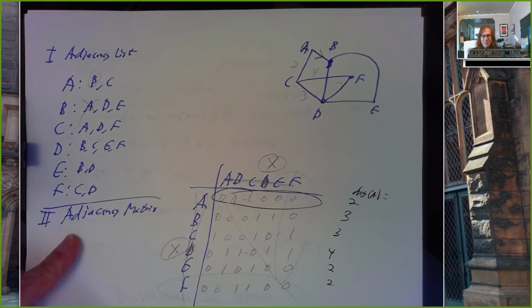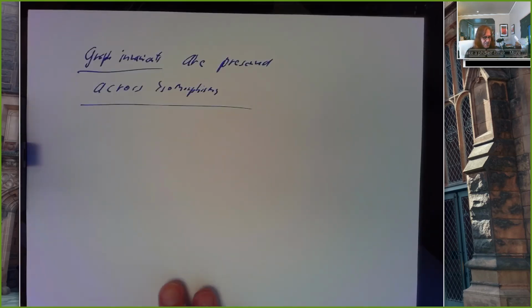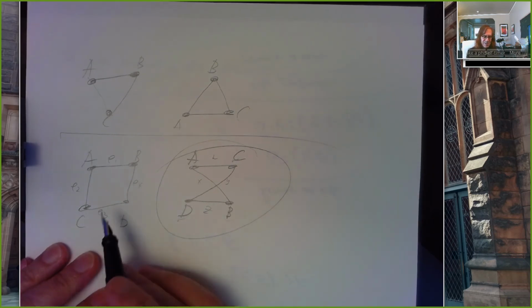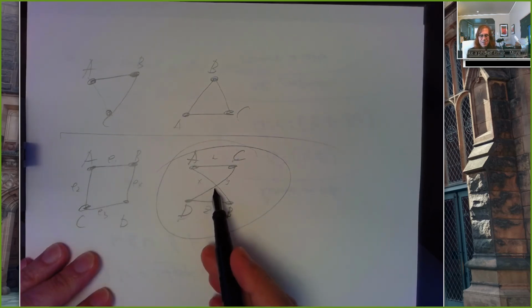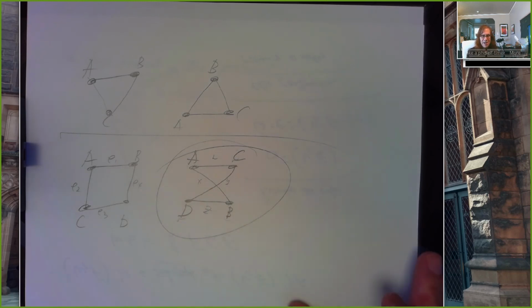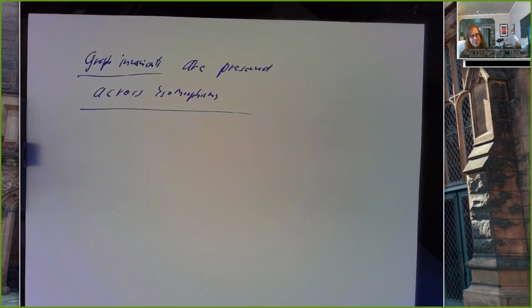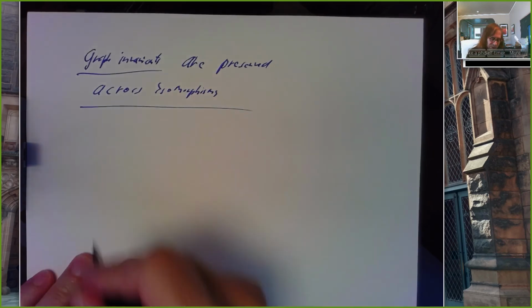We can have two graphs that are isomorphic, and in one of them we might have edges crossing each other, and in the other one we don't. And we can't simply say, oh, no edges cross here, some edges cross there, they're not the same. That's not invariant under these isomorphic transformations. But there are some things that are invariant.